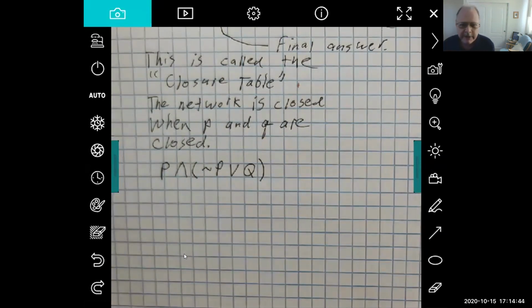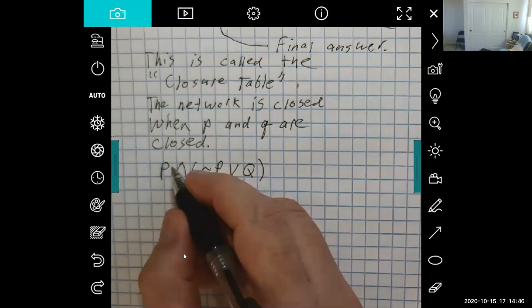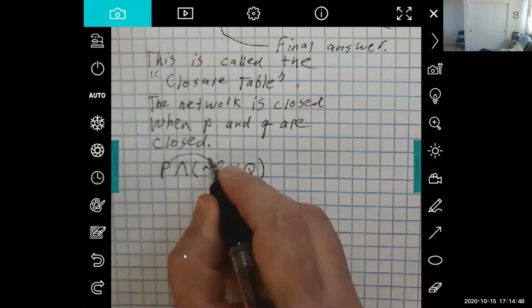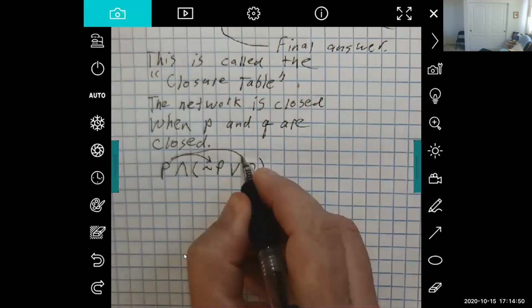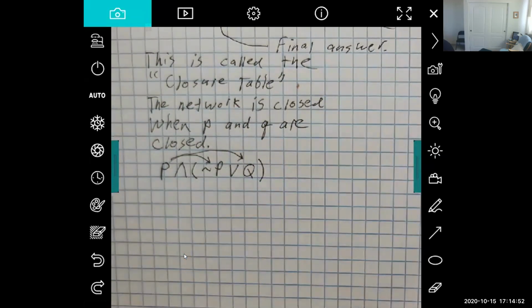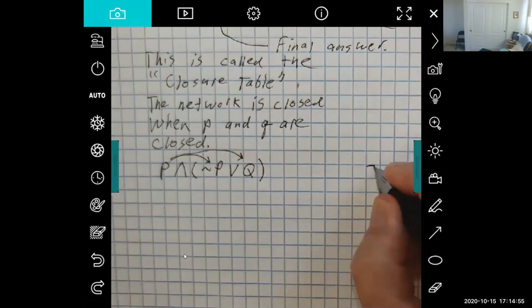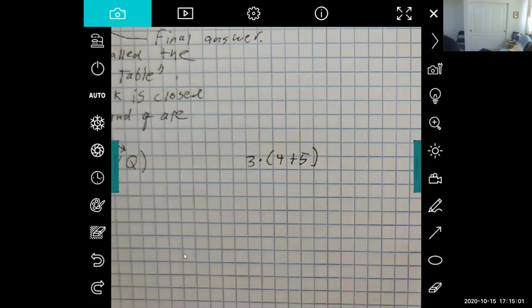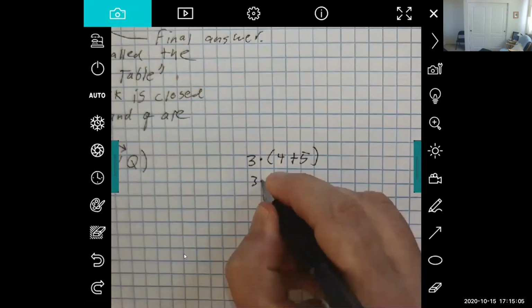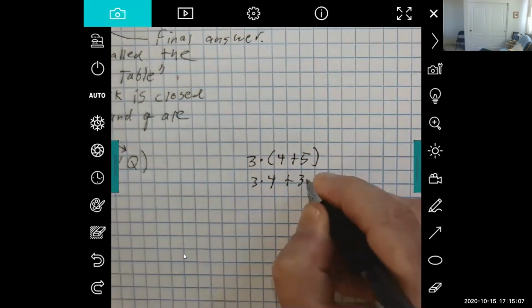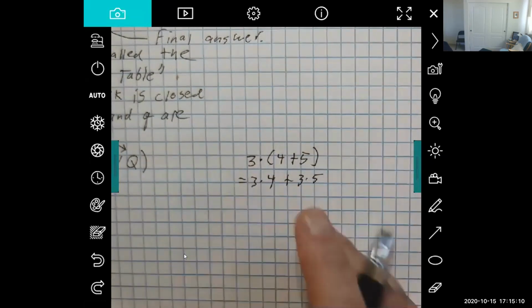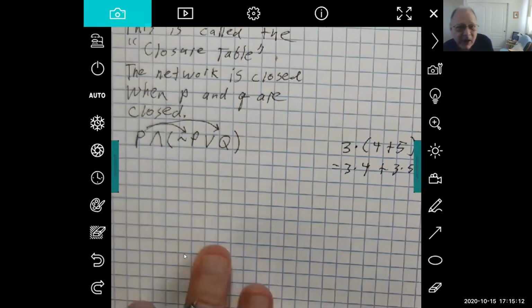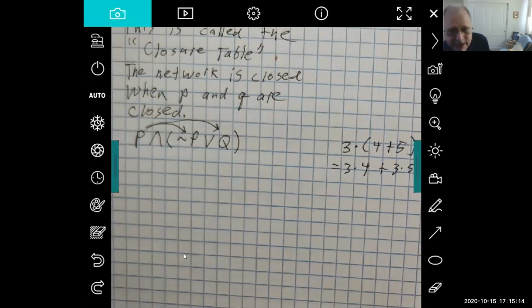We have a distributive property. It's like if I had 3 times 4 plus 5, I'd do 3 times 4 plus 3 times 5. Or I could do, it's not that I would, but it's an option.